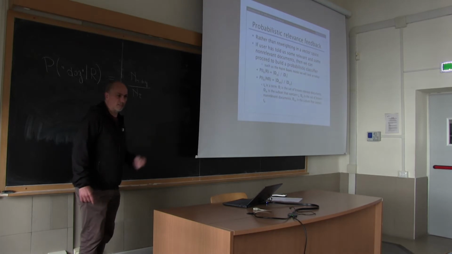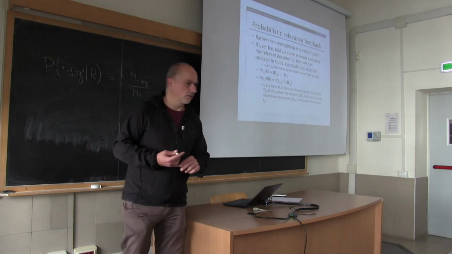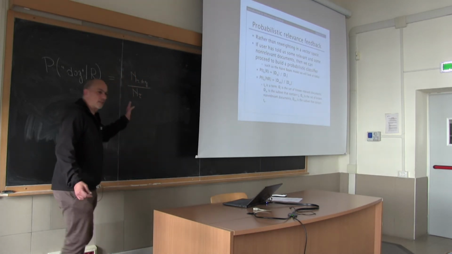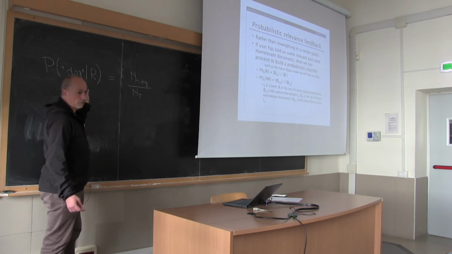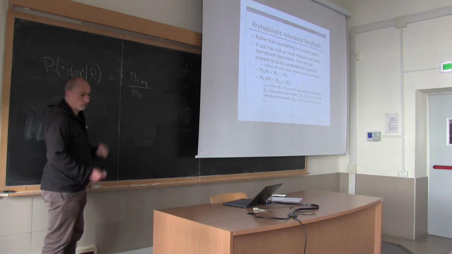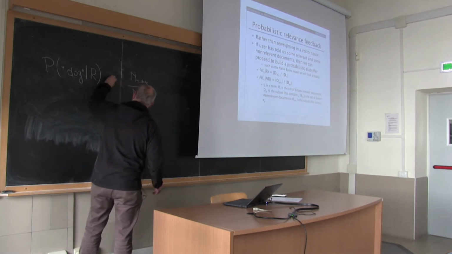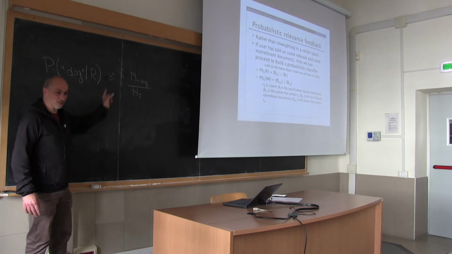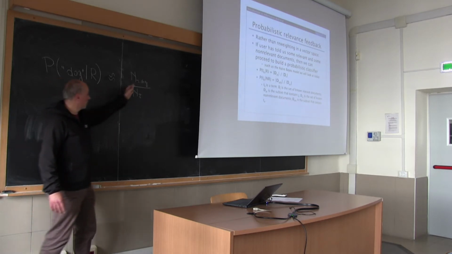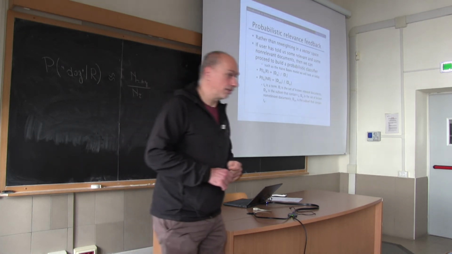So there is some statistics behind it, which goes beyond the scope of this lecture at least. These two quantities are not necessarily the same, so I put an equal sign, but that's my conjecture: that this is a good estimator of this probability. So it is something I could try to estimate.